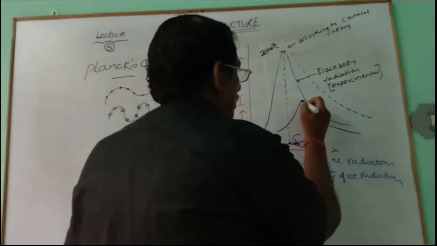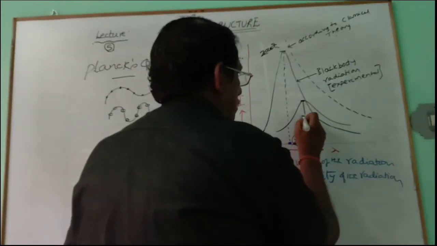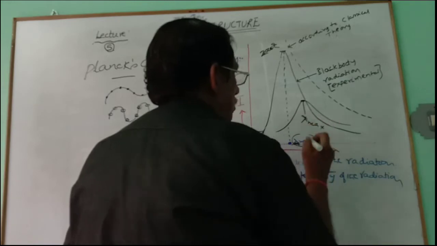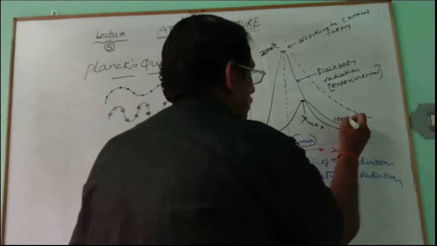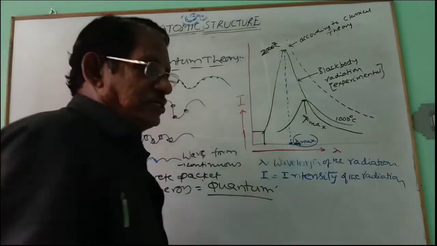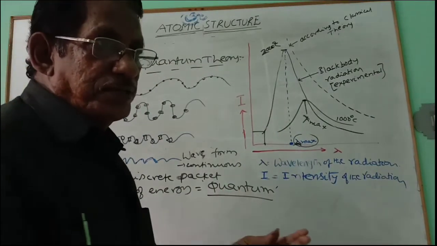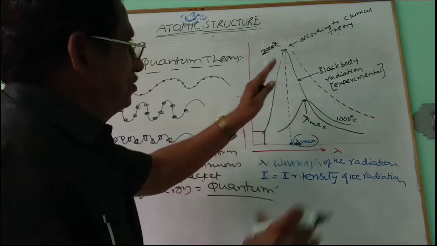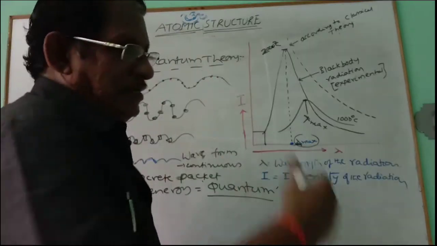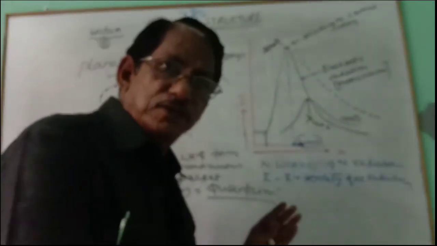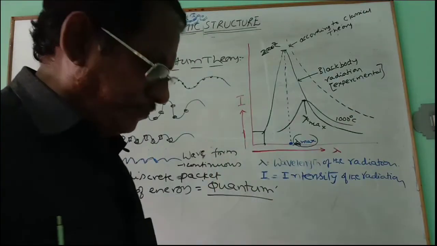This is the lambda maximum value when the experiment is conducted at 1000 degrees centigrade. In this way, as the temperature is increased, the lambda maximum value is shifted towards lower wavelength. Shifted towards lower wavelength means higher frequencies.